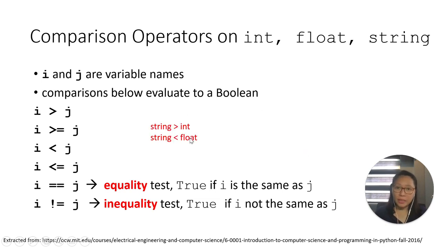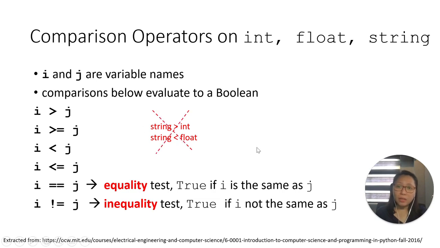We can compare i and j if they are both int. So int and int, float and float, string and string are possible. Comparing int and float is also possible.